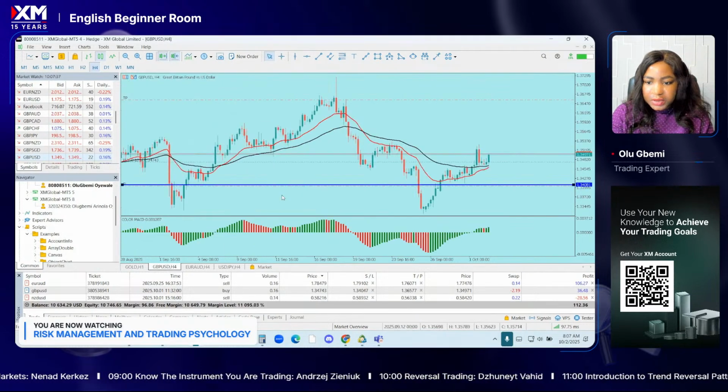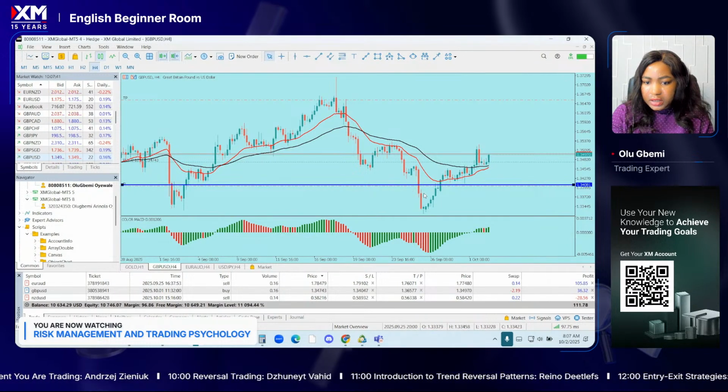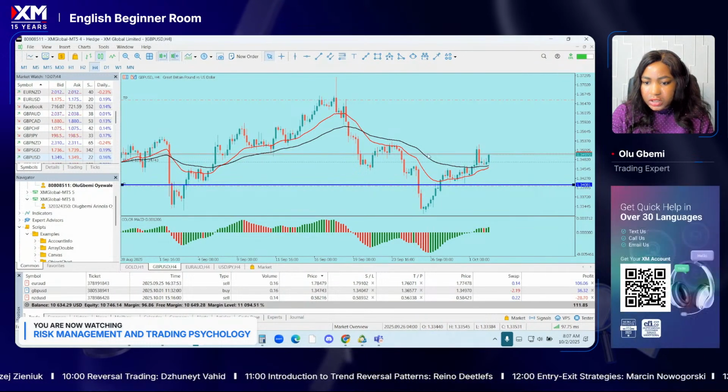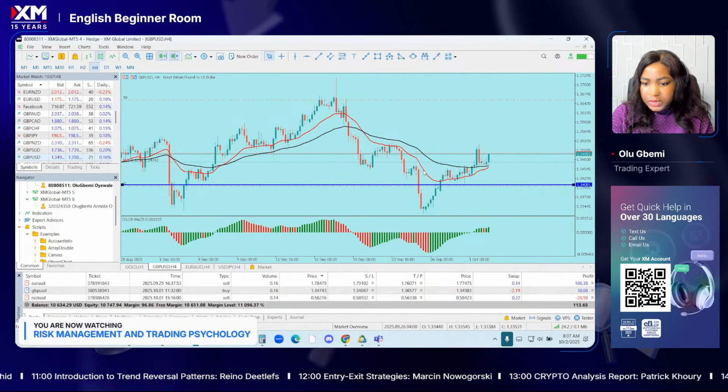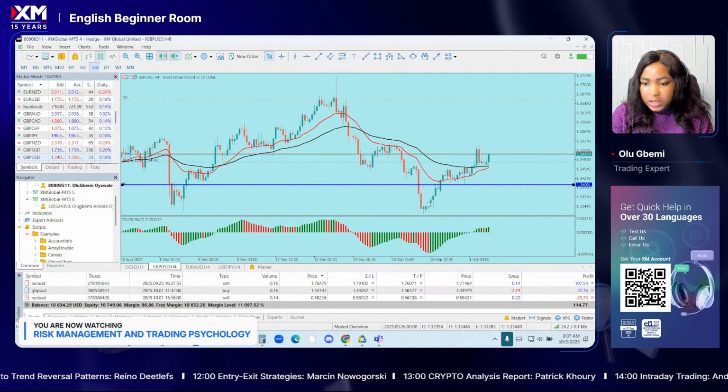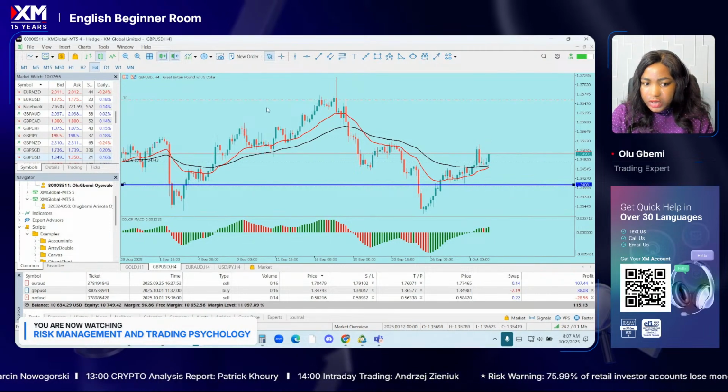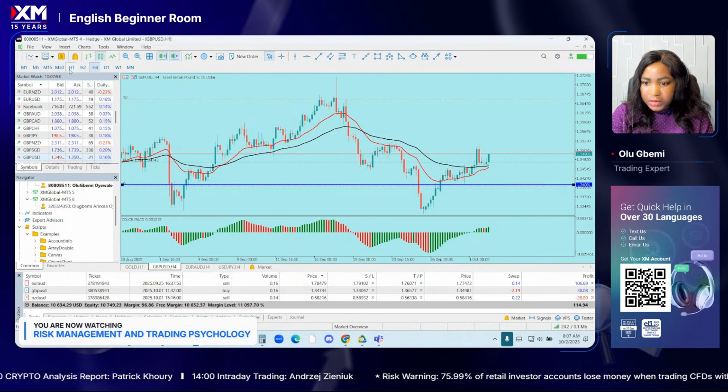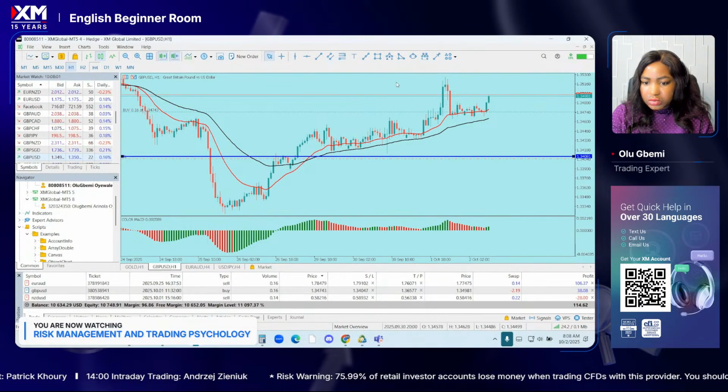Then we have GBP USD. GBP USD, I have a buy, and I'm still holding on to that. There is this pattern here that looks like an inverted head and shoulders, or a V pattern. The neckline got broken, retested, and now it looks like it's ready to continue the movement to the upside, which supports what I have ongoing.